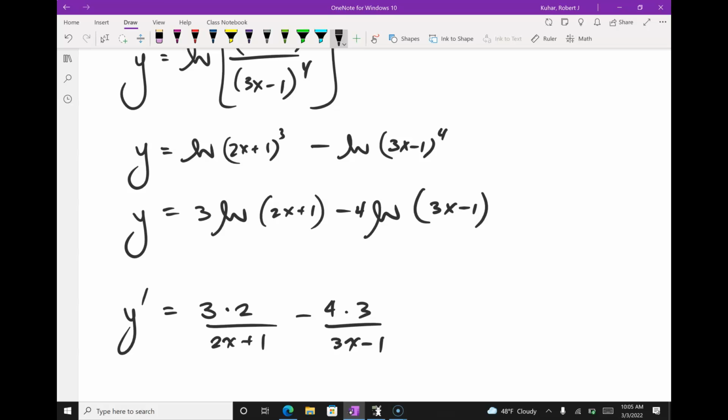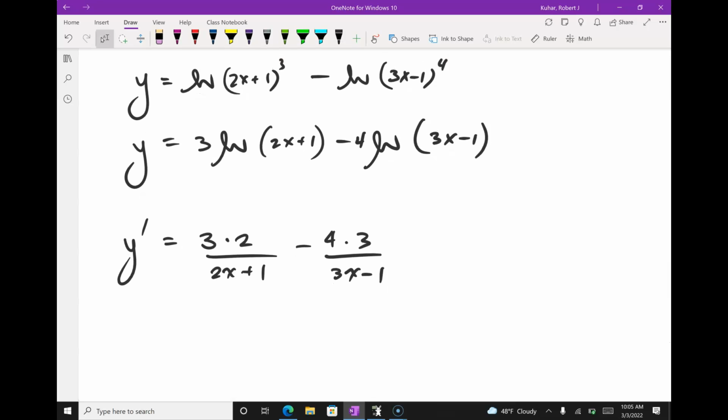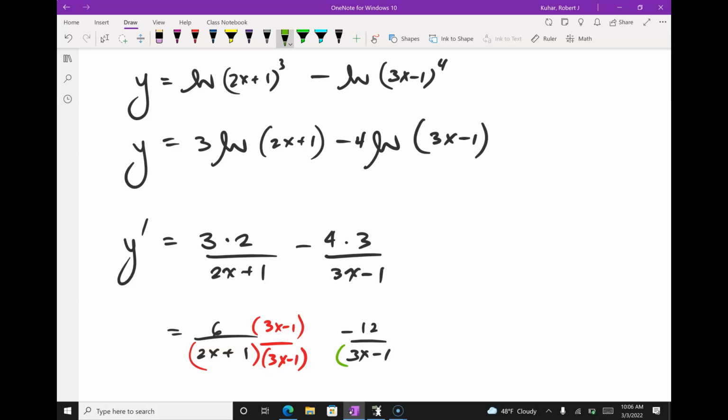Easy. So now I'm not done. I have more than one fraction, so I want to get an LCD here. I get 6 over 2x plus 1 minus 12 over 3x minus 1. I need an LCD, so I need a 3x minus 1 over itself here, and I need a 2x plus 1 over itself here.